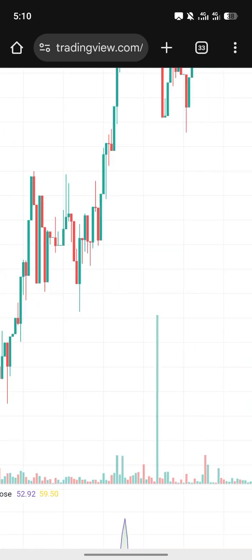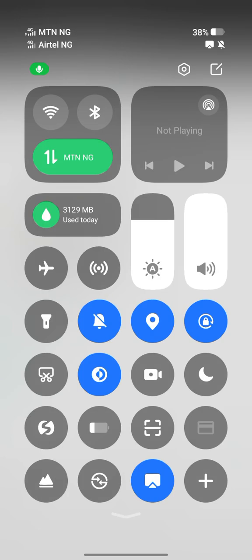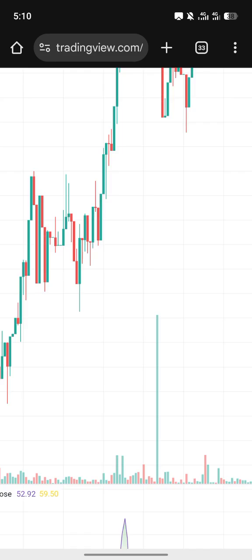All right, let me make it landscape. Okay, beautiful. So I'll make it landscape. Let me take away this one, the volume. Now this is it. We have this. So this is RSI now.